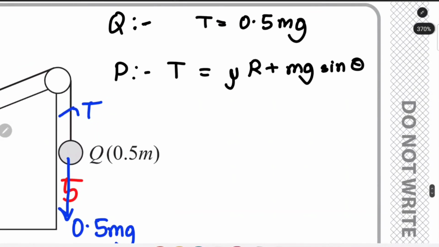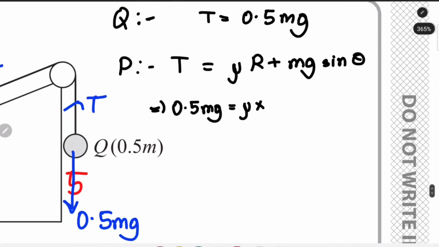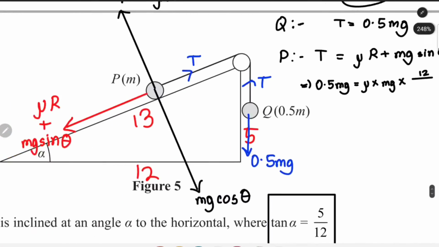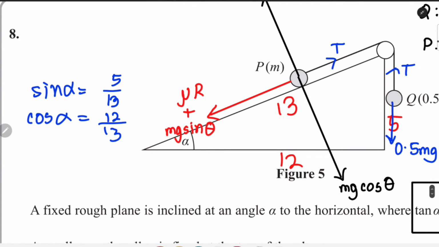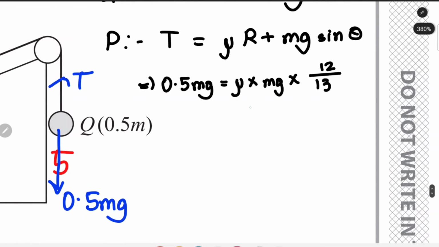So if we go on here and solve this, 0.5 mg, we're replacing T with this, equals mu into R, which is mg cos theta. So mg, we'll just place the value of cos theta, which is 12 by 13. Here we have found the cos alpha, and we have mg sin theta. Sin theta is 5 by 13. So we can cancel out all the mg's.